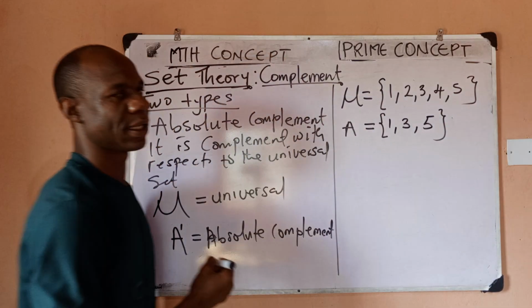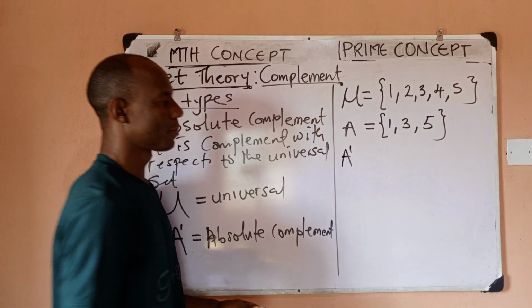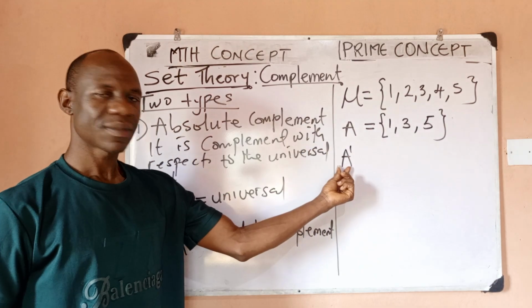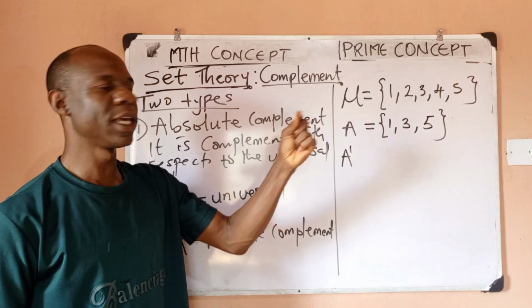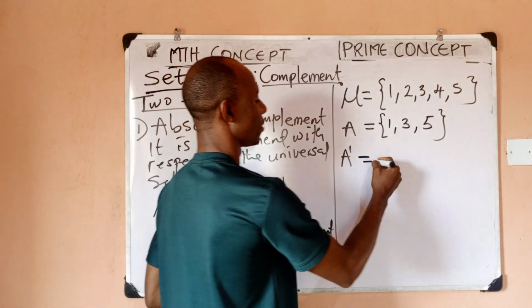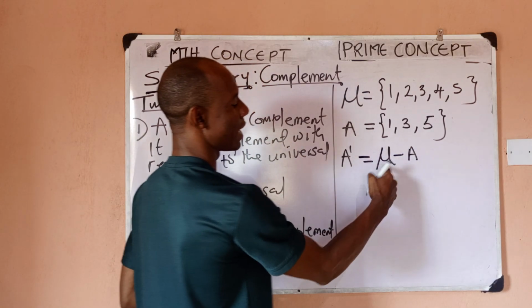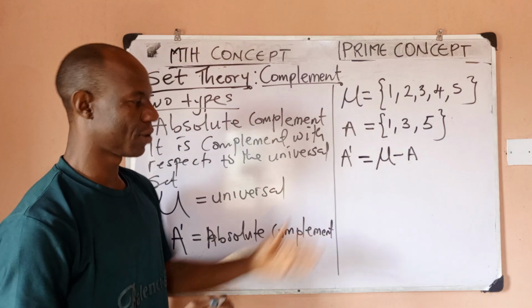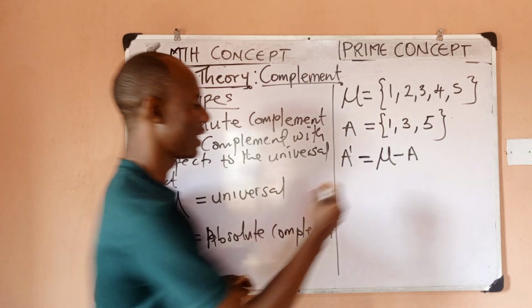So this is our set A. If we want to find the absolute complement of set A, what it would mean is we want to remove A from the universal set. It can still be written like this. You are removing A from the universal set. So what will be left in the universal set becomes the answer.